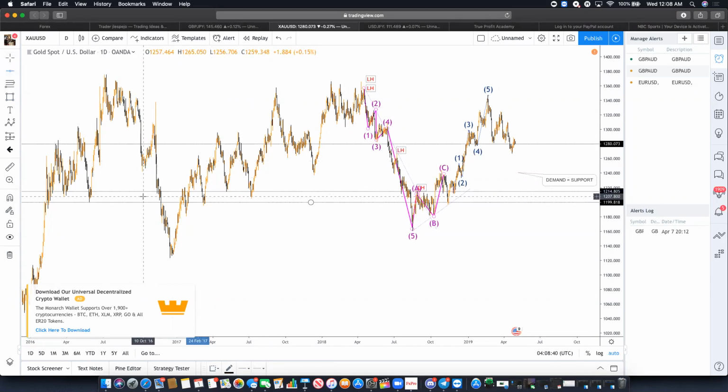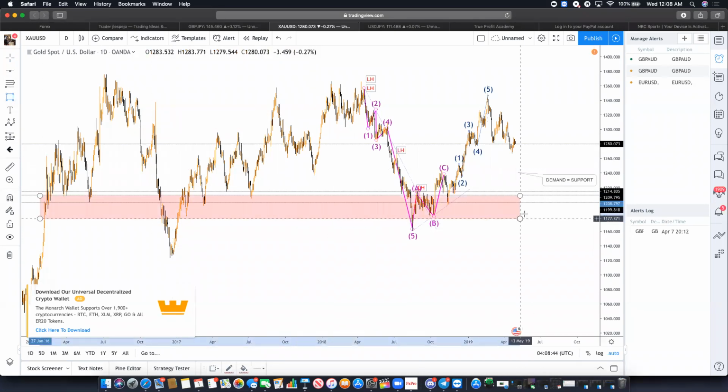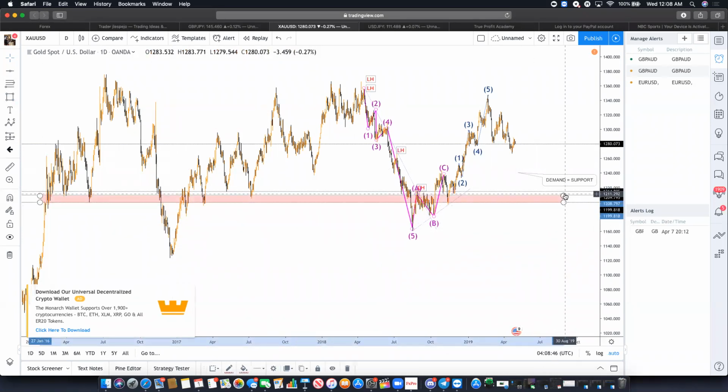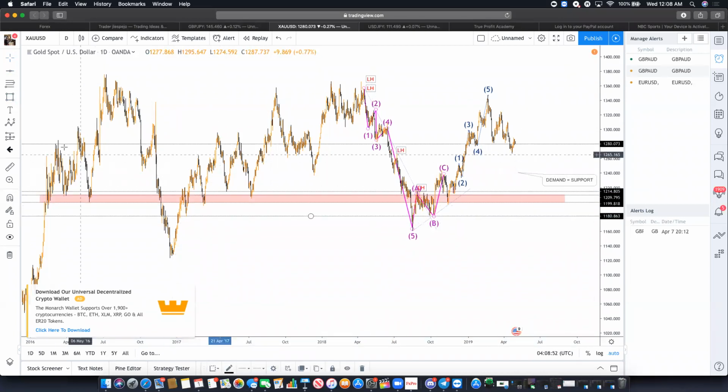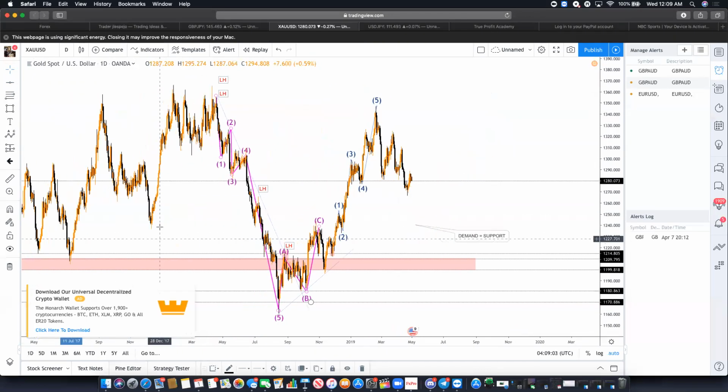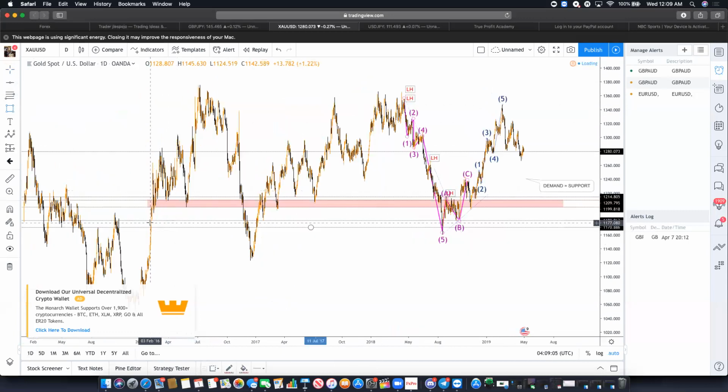Here's a support. There's a price point here. I'm going to identify this as a demand area, but I know that's an important price point. Here's another one here based off of the rejection of this price. And I'm going to go off of this rejection over here. There's another zone.